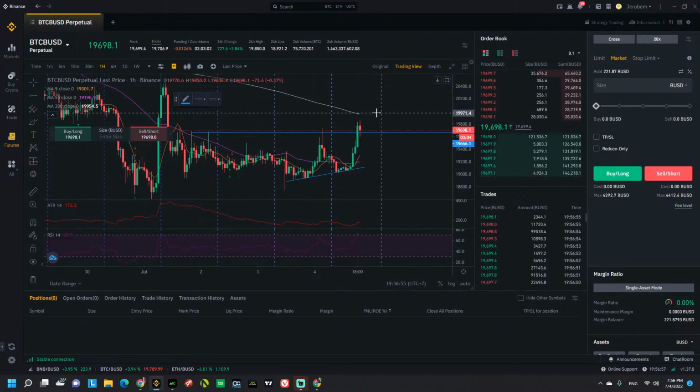So this is one target. Just because of the lower time frame momentum, it still might go up.